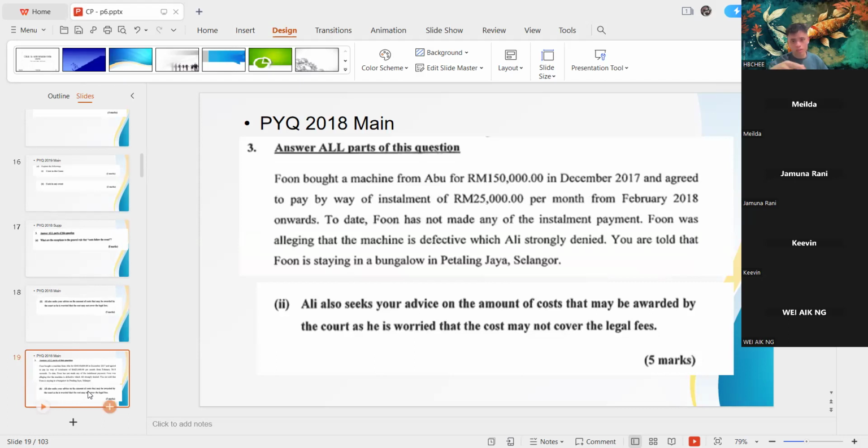Yeah, this is the question actually. You see, now the machine is for 150,000 paid by way of installment. He is suing, and let's say the amount is more than he can afford, then no choice.